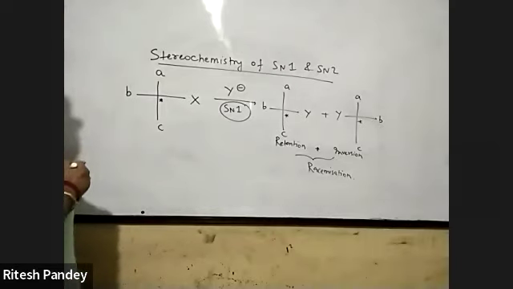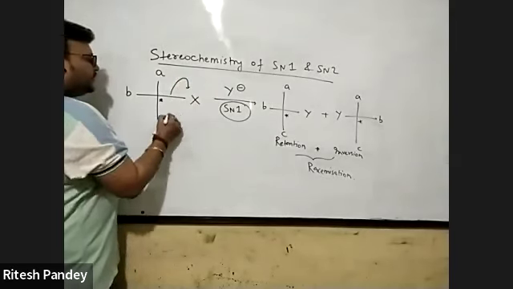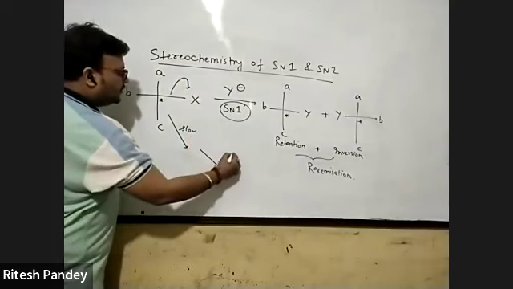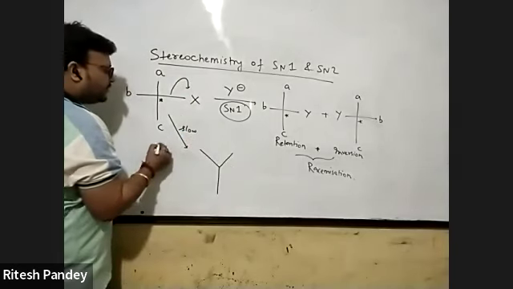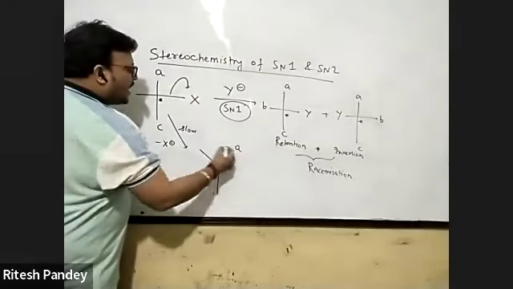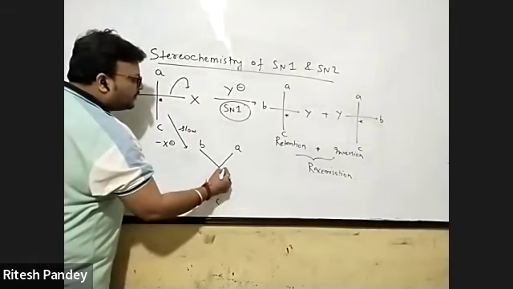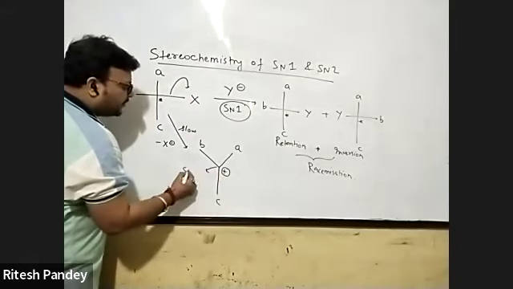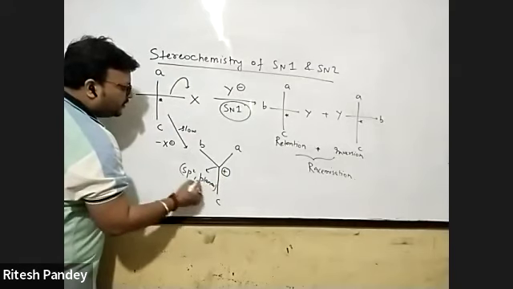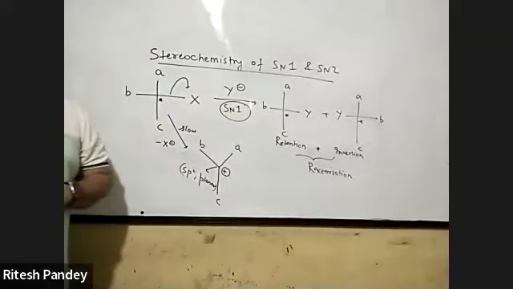Naturally, in the mechanism of Sn1, in the slow step, with the loss of X minus, we are expecting a carbocationic intermediate. Now, naturally, this carbocation and this carbon is sp2, flat planar. Realize this is sp3, this is also sp3.